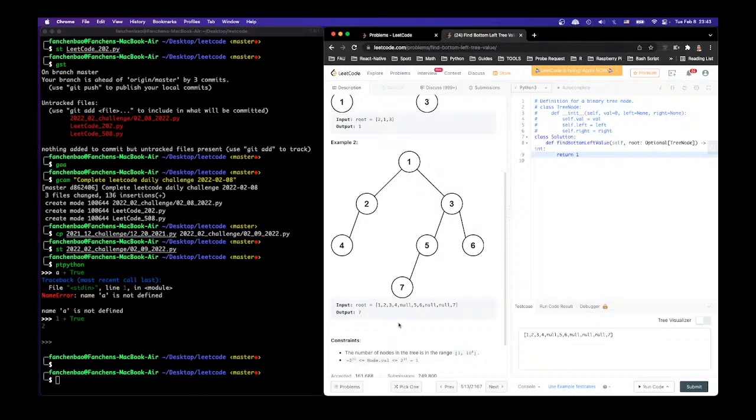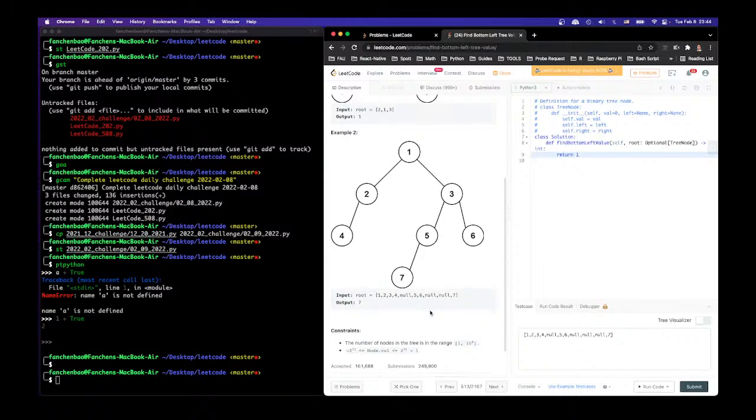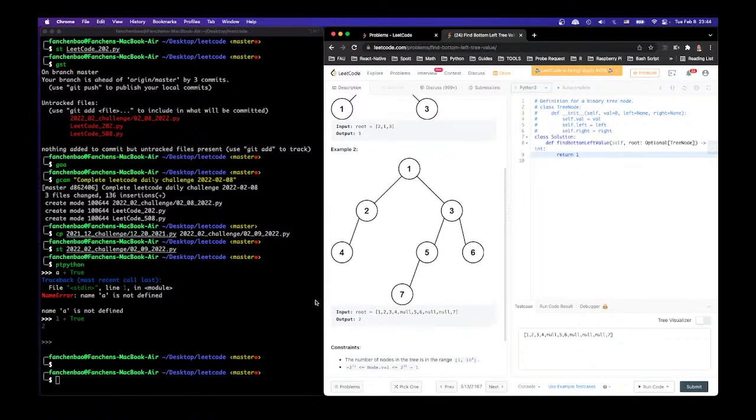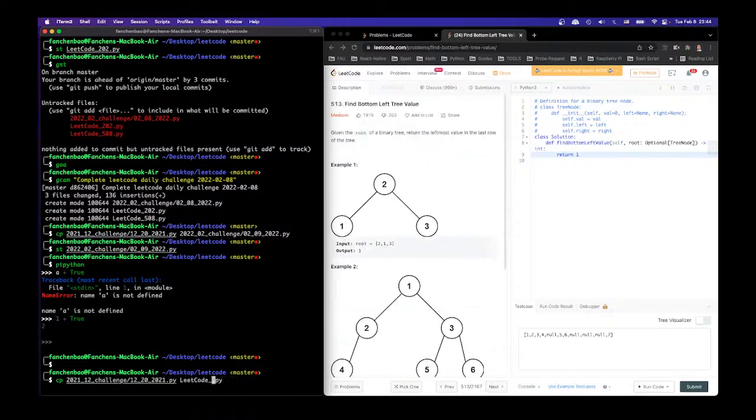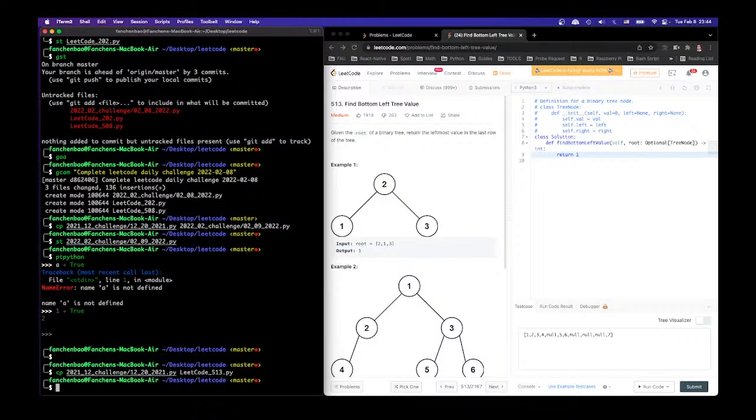And if we hit a new thing with the same depth, then we don't push into it. But the first time that we hit a new depth, we update it. Let's give it a shot. I feel like this should be right. 513.